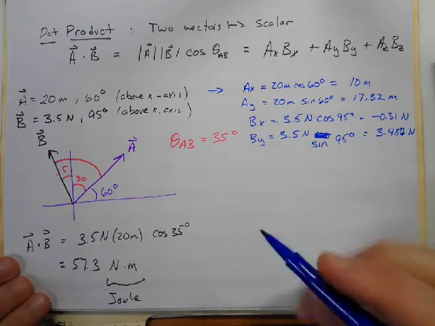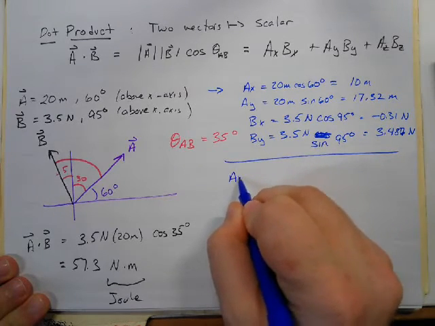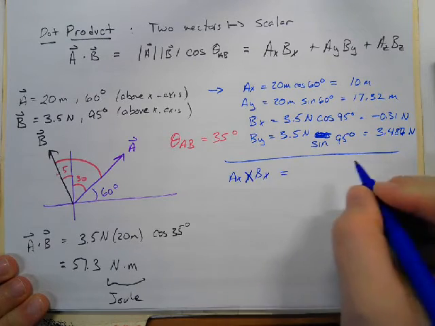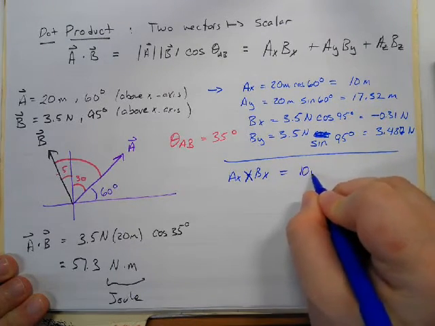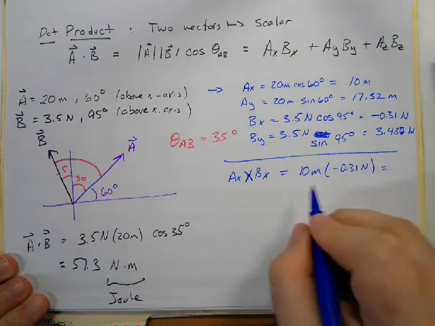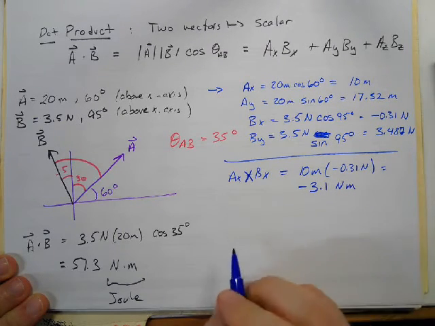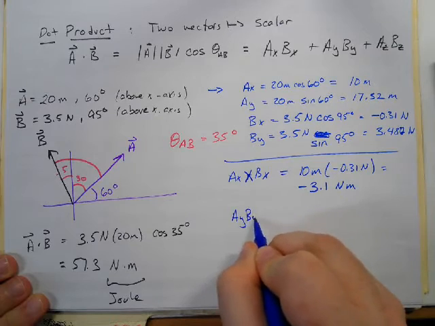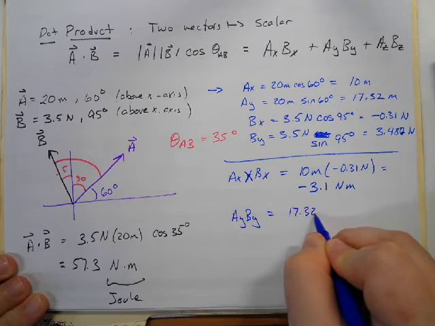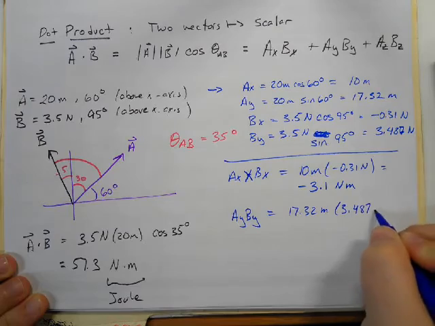So, that's an aside. Anyway, what we want to find is AX times BX. That's 10 meters times minus 0.31 newtons. That is minus 3.1 Newton meters. And then AY BY is going to be 17.32 meters times 3.487 newtons.